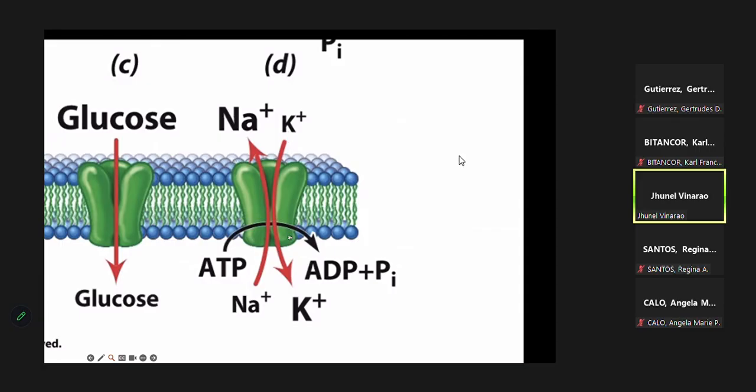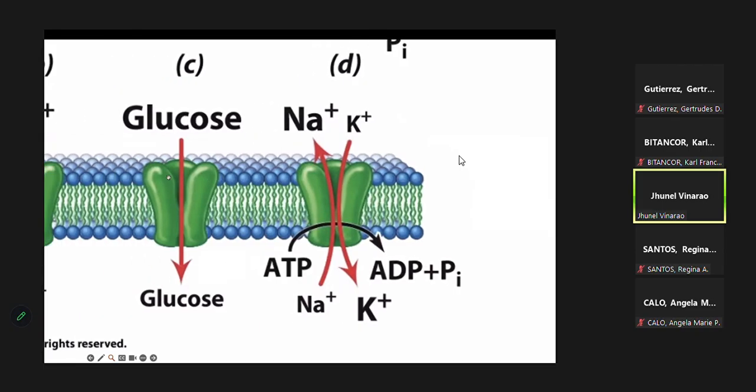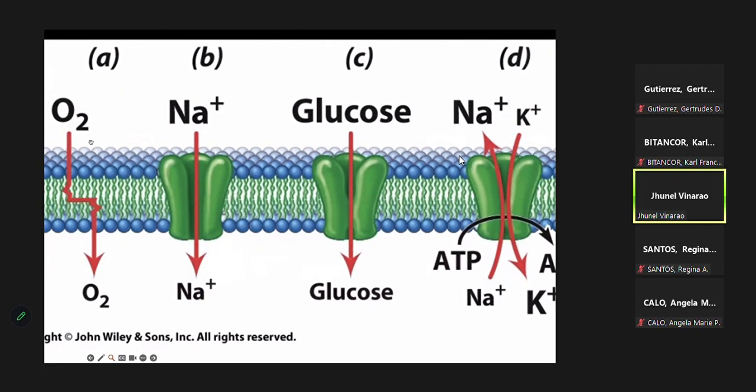Antiport is when the directions of movement of the ions are opposite. Uniport is when it's just a single one. For glucose, this is co-transport or symport because you also need sodium ions for the glucose molecule to enter. This one is just uniport.